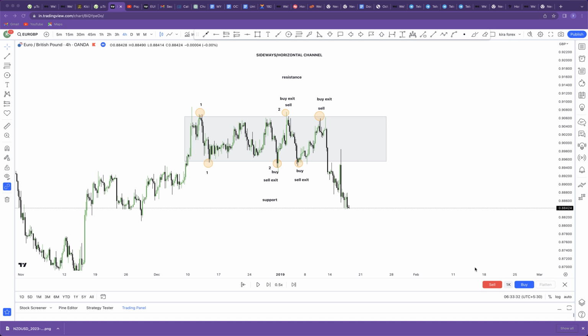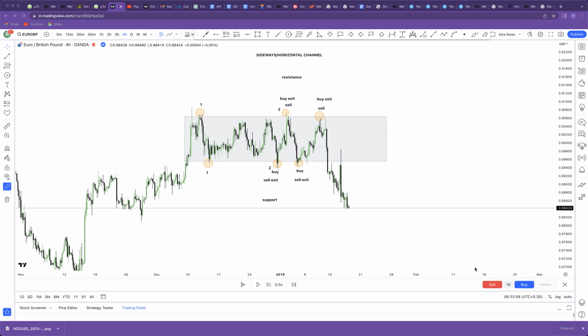Two, place your stop loss just outside the channel or just above the high of the candlestick for a sell order, or just below the low of the candlestick for a buy order that touched the channel and shows signs of rejection. These candlesticks can also be a reversal candlestick. I have explained that already.